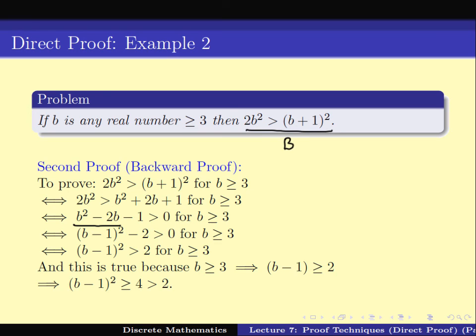Or in other words, b minus 1 whole square is greater than or equal to 4, which is strictly greater than 2, which is what we have to prove. So actually speaking, this proof and the other proof are identically the same, except that one worked with A and ended up with B. In the other, we simplified B first before we applied A implies B.